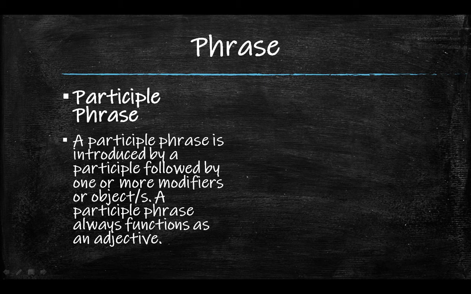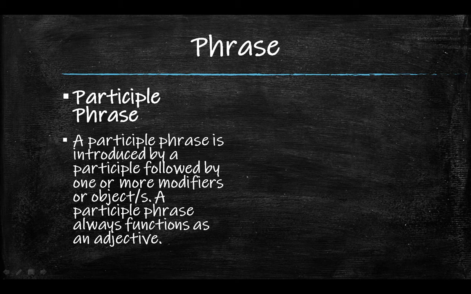And you include the object and it becomes a phrase. Similarly, it's a characteristic of verbs to be modified by adverbs. And whenever an adverb is attached to an infinitive, gerund, or participle, modifying it, it becomes a phrase.